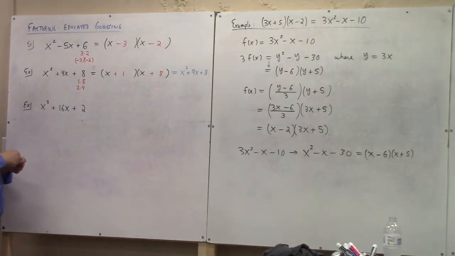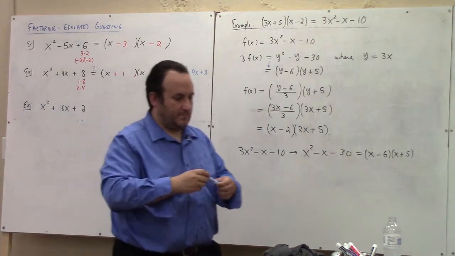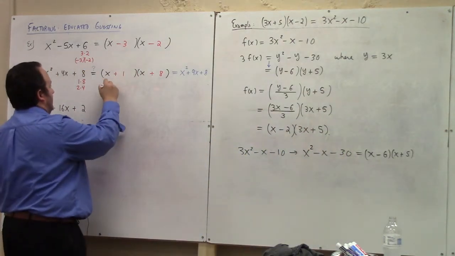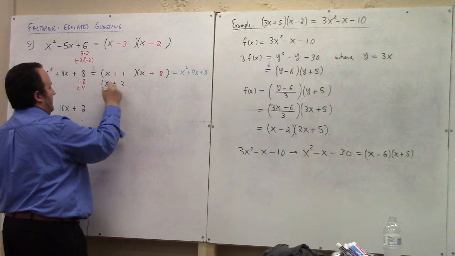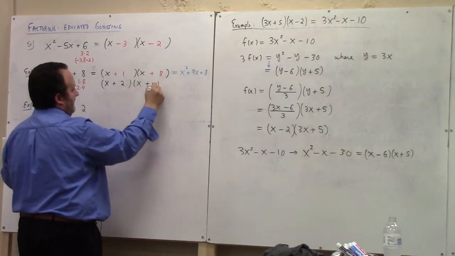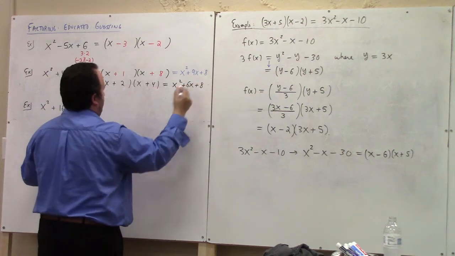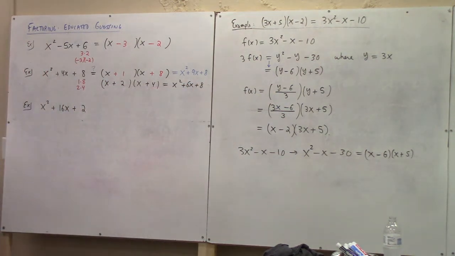And what if we try the other one? Yeah, we get x squared plus 6x plus 8, right? That don't work either. So what do we do with this?